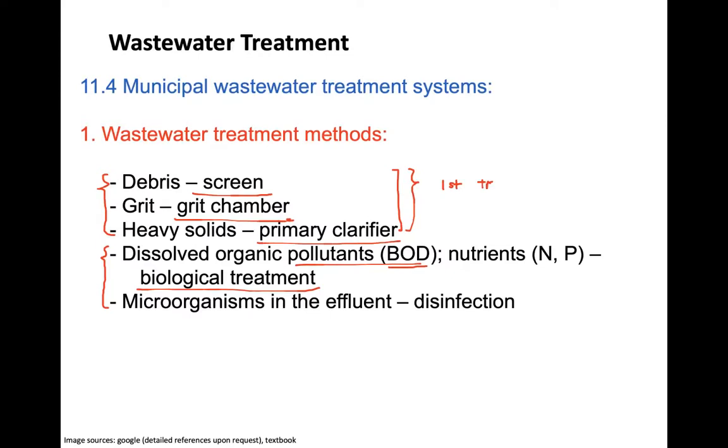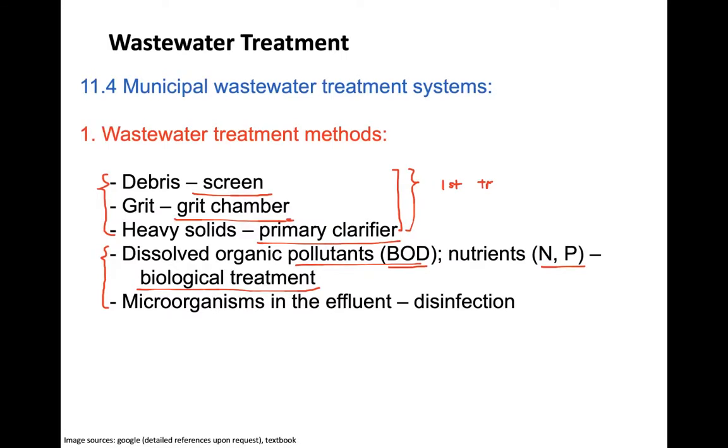To introduce oxygen and also provide, since we have a lot of organics inside, so the bacteria can consume the oxygen and also consume the organics so that they can basically reduce the BOD or the concentration of the organics. So in that way, we can remove the carbonaceous species and also the nitrogen and the phosphorus species, right? So this is basically categorized as the secondary treatment.